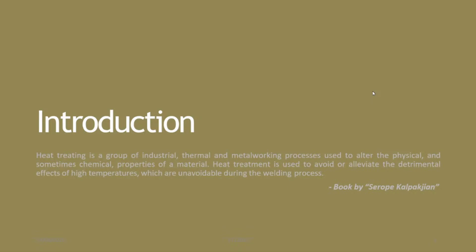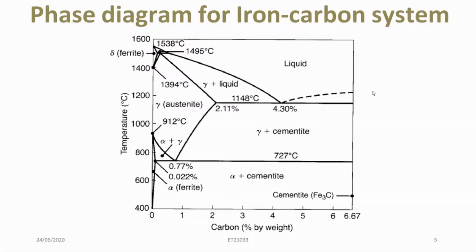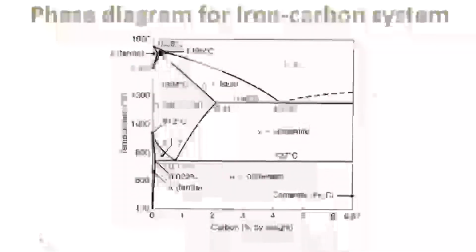So keep a mental model. Temperature creates opportunities for atoms to move. Time lets changes complete, and cooling rate freezes the result. The iron-carbon phase diagram maps temperature versus carbon content up to 6.67 percent for iron alloys. It is a map that tells us what structure iron has at different temperatures and carbon levels, from pure iron up to cast iron composition.